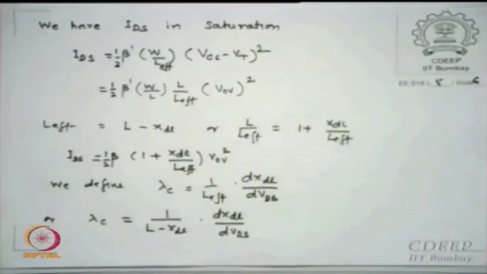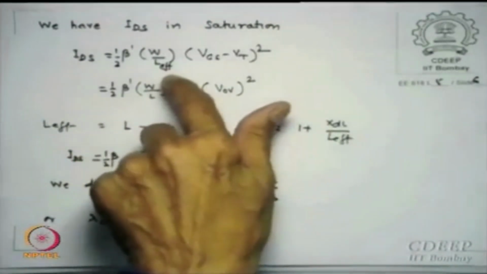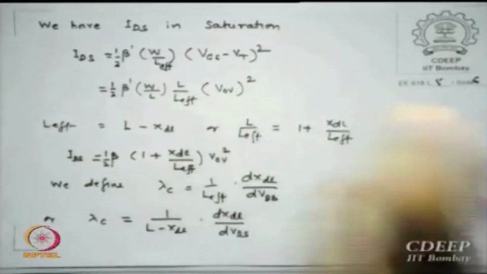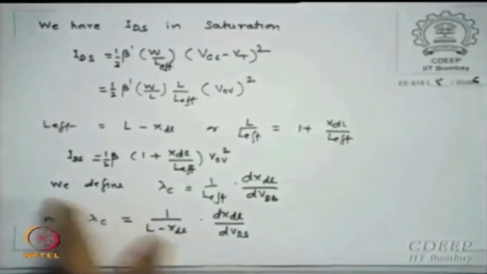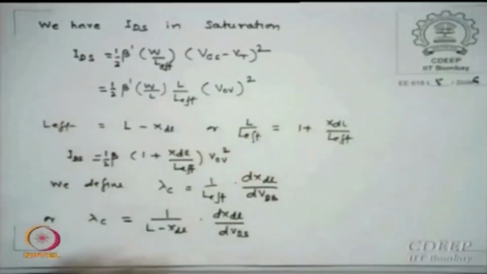Now can you think I did some mischief here also, that the lambda part is really taken care of through this L effective part. Is that correct? I did not put 1 plus lambda VDS, but I am taking care of that issue through L effective. So if I solve this, I just put x minus this in this form, I get this expression. And once you get this expression, you do not have to write, you write down my final expression.